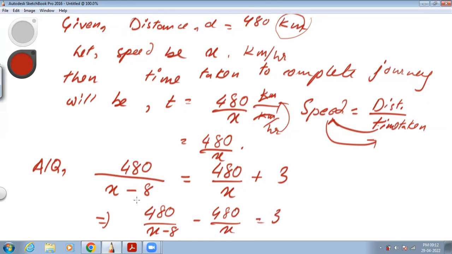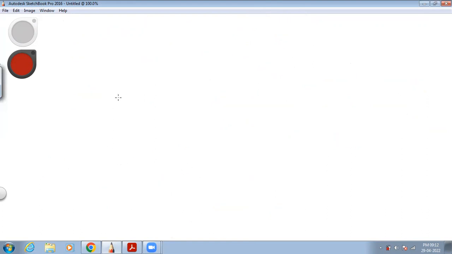Now, let me take this nicely again. 480 by x minus 8 minus 480 by x equals 3, right? So the difference between the times will be 3. Now, how do we solve this equation? We can shorten this equation a little bit by taking 480 to the other side.